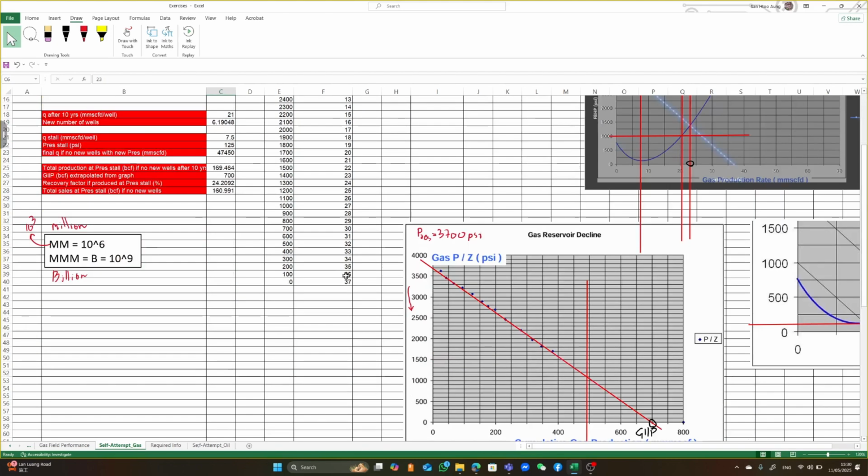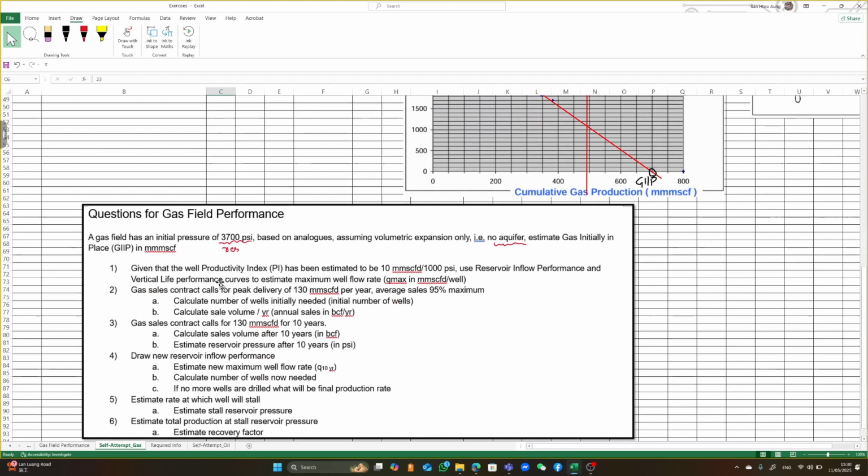Okay, and then what does the question ask me? It says the gas sale contract calls for peak delivery of 130 million standard cubic feet per day per year. Okay, this is important. In the oil and gas industry, it is very important to know the numbers and what they represent.